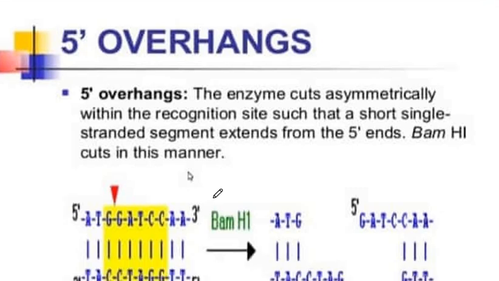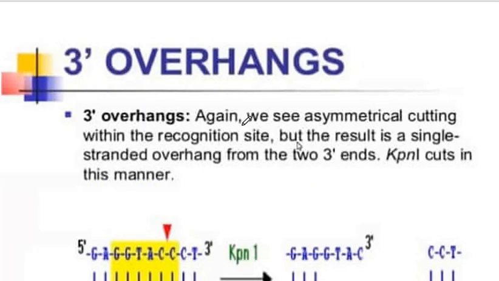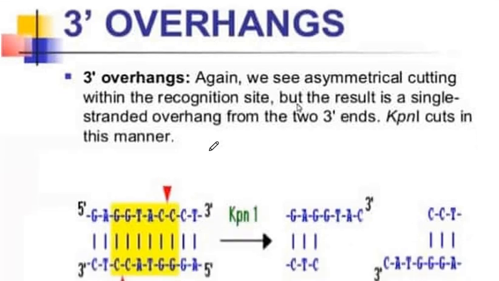In the previous video, I discussed the 5' overhang, which occurs in this manner and generates a 5' extension. A 3' overhang cuts the DNA nucleotide sequence in this manner and generates a 3' extension.